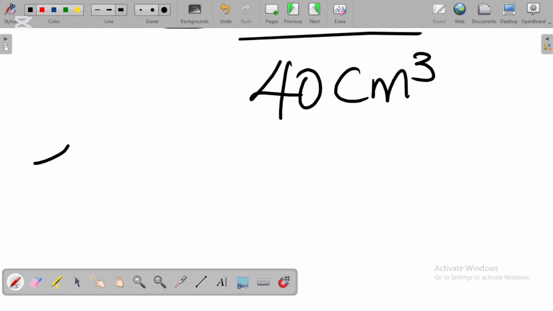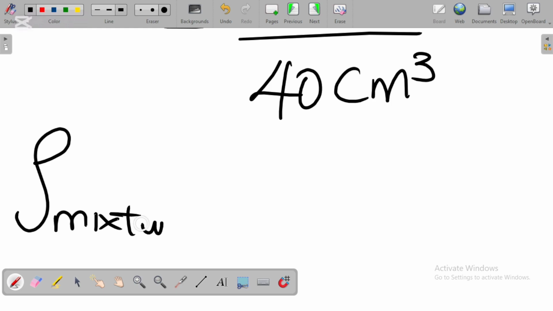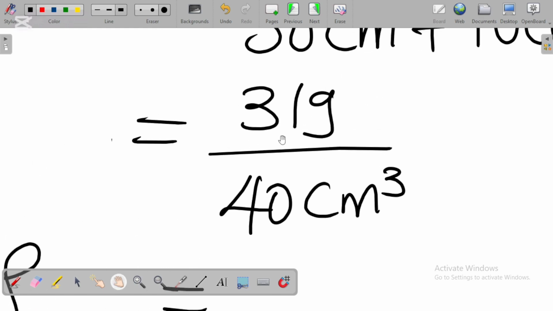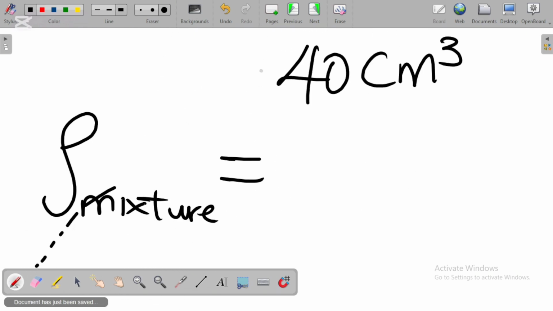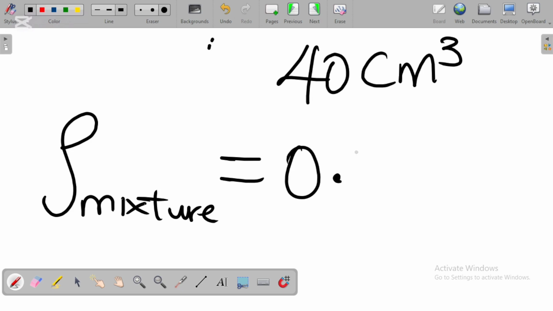So therefore, the density of the mixture is equal to 31 grams divided by 40 cm cube. Kindly punch your calculator. It would give you 0.775.